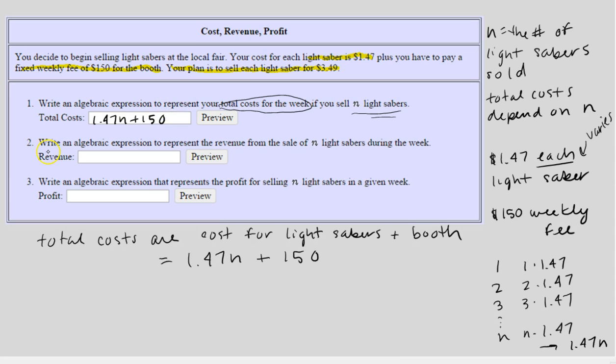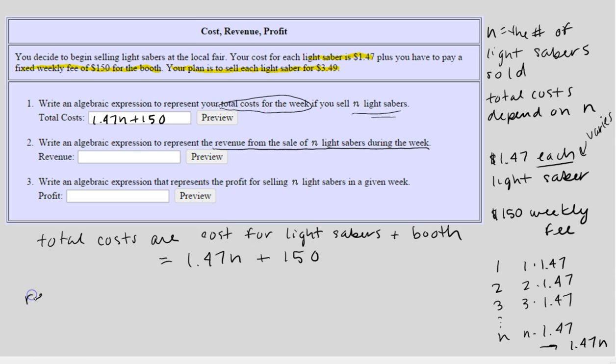Now the next question asks, write an algebraic expression to represent the revenue from the sale of n lightsabers during the week. Well, revenue means how much money you take in. So you could think if you worked at a grocery store, the revenue would be all the money in your cash register minus how much you started with at the end of the day. But that doesn't include how much it costs to purchase all the food to sell to people.